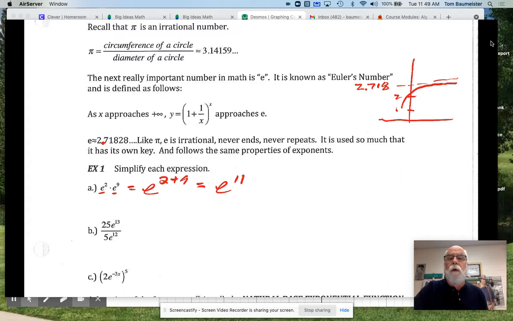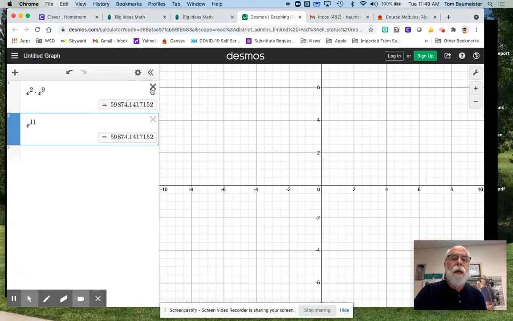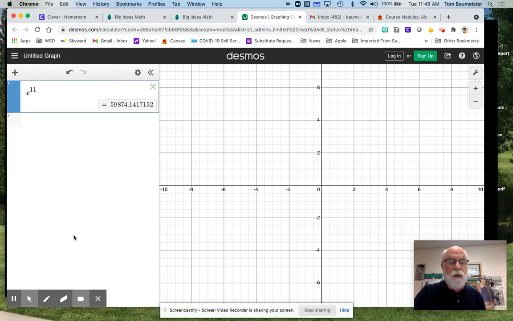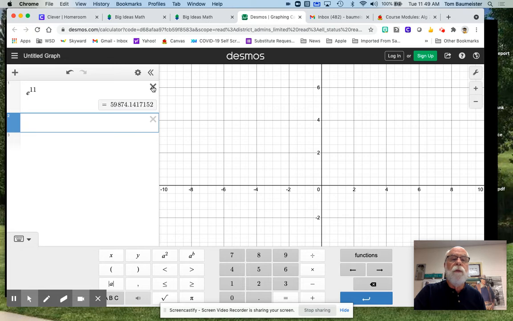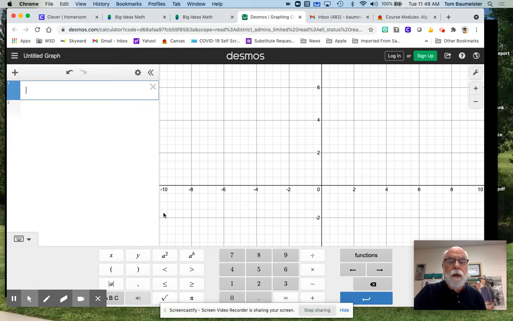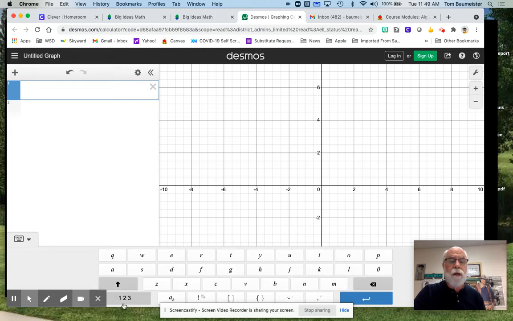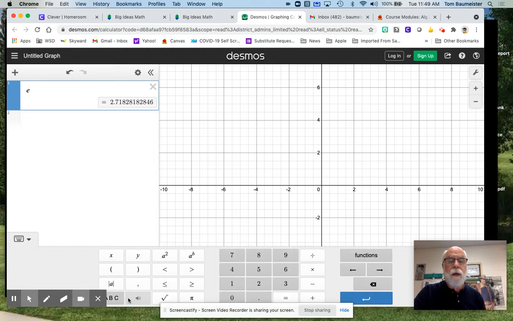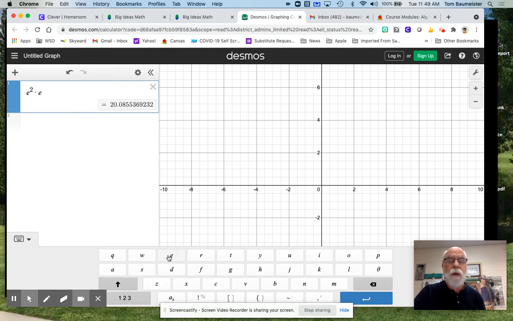Okay, so let's go to our Desmos calculator here. If you are using this one here on your computer, you're going to have to go to the letters and put e, and then we can go back here and do squared, and then we're going to do times, and then again e to the 9th.